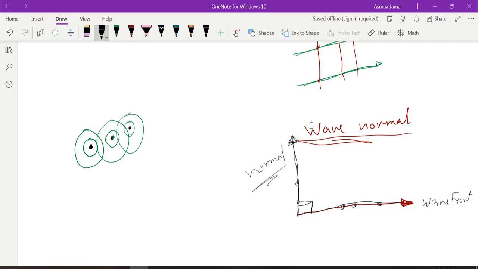When this is the main source, we will call it the wavefront. Again, it's something imaginary. And this one here will be the wavelet. Then again, this one will act like a wavefront for this one to be the wavelet. This one will act as a wavefront for this one, which will be the wavelet for the next.